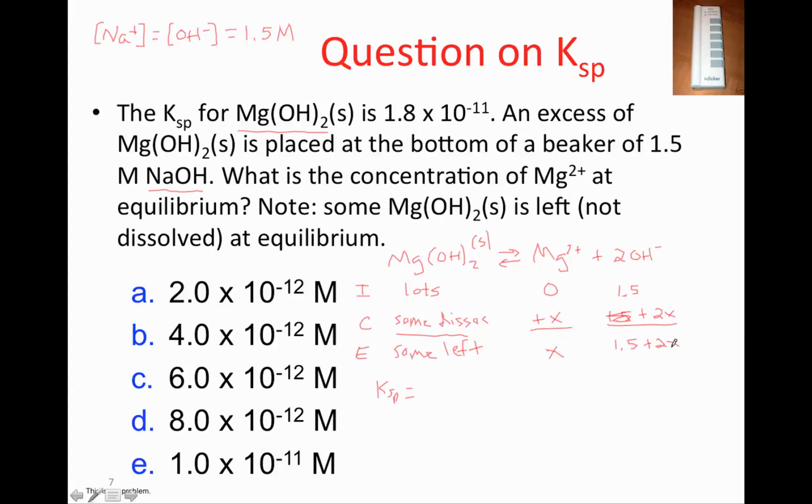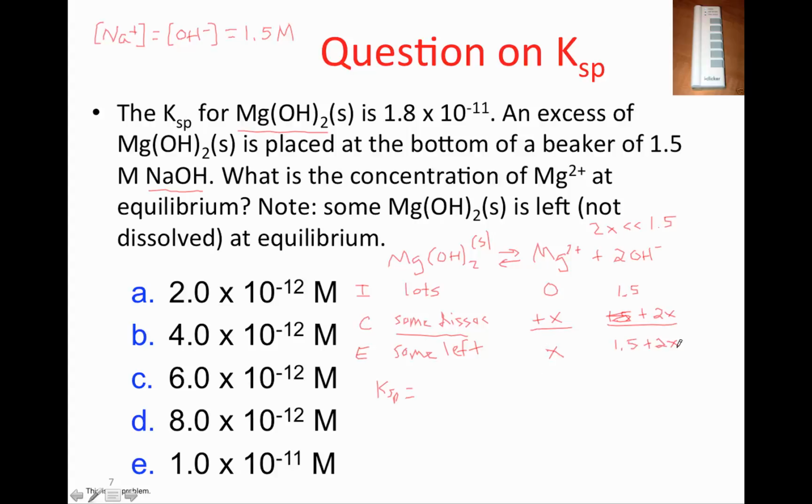Now, it's okay for this number to be small. It can be small by itself, but if I take 2 times a very small number, I still have a very small number. And so compared to 1.5, this is probably going to be really insignificant. So I'm going to guess that 2x is much, much less than 1.5. So again, this is a comparison game. I can't neglect x here because I'm not comparing x to anything.